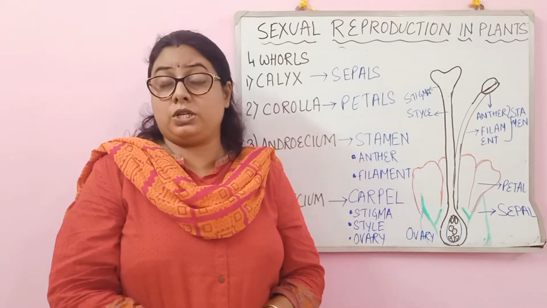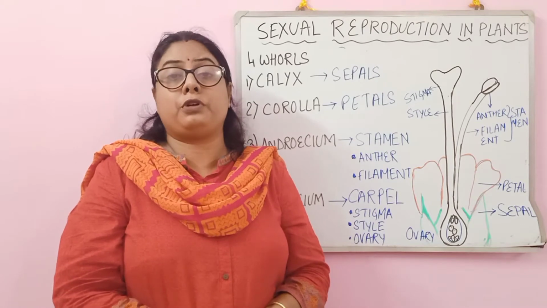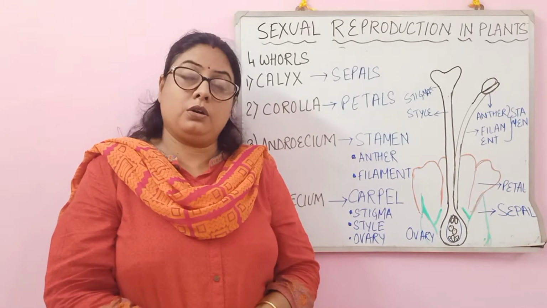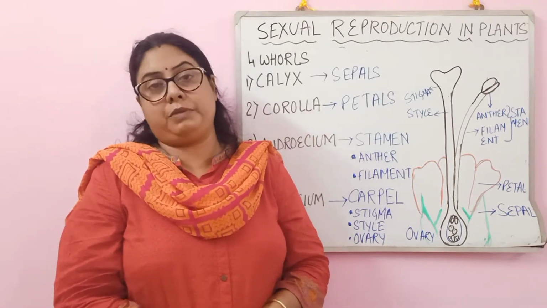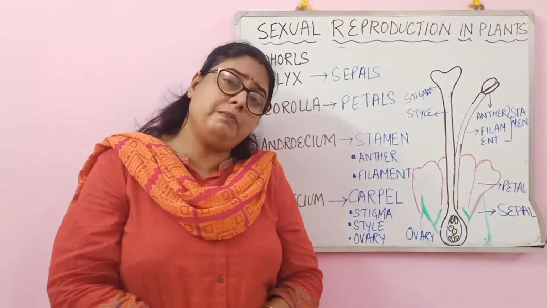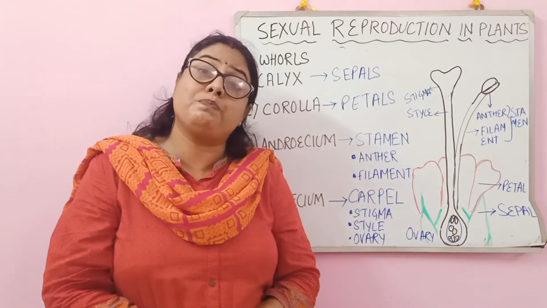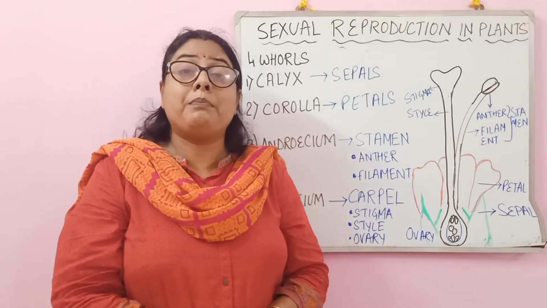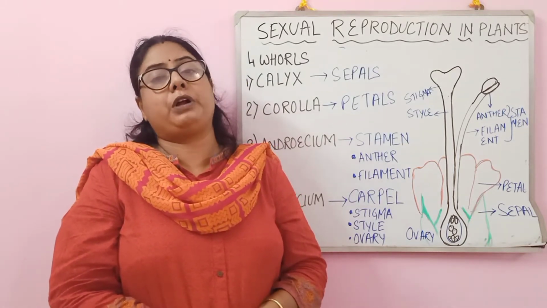You all know from your junior classes that it is the flowers which are the reproductive structures of the plant. Flowers carry the male and the female reproductive structures. Now, if a flower has both the male and female reproductive structure, it is known as a bisexual flower, like China rose, like mustard flower.